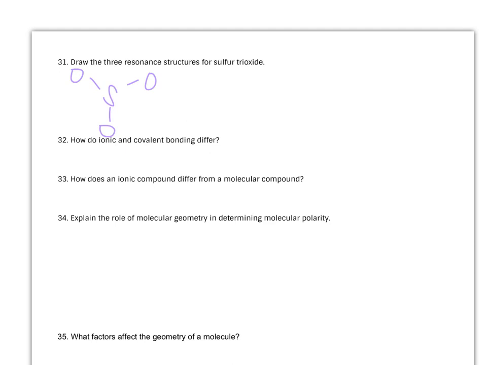So in this case, sulfur, let's start off with both of these. In both of these bonds, sulfur is going to donate both of its electrons. And so then oxygen doesn't have to donate any, so it's going to still have its 6. So I'm going to draw that.